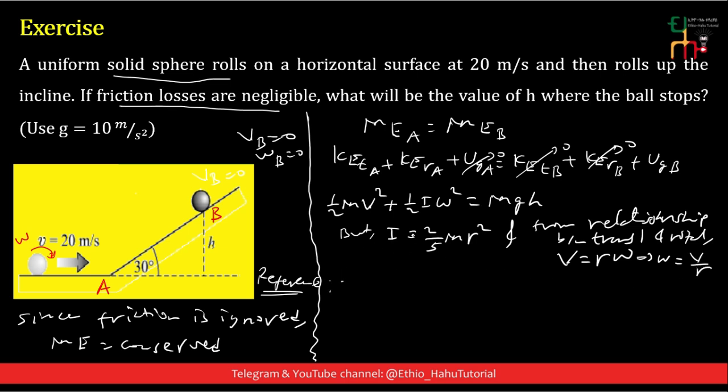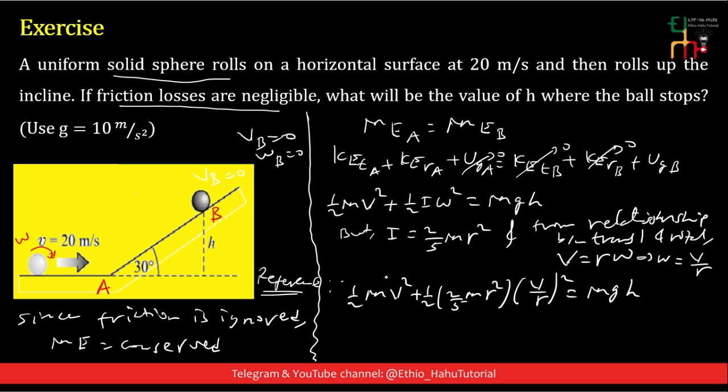Therefore, 1/2 m v square plus 1/2 times moment of inertia, which is 2/5 m times r square, times omega square, which is v over r the whole square, is equal to m times g h.